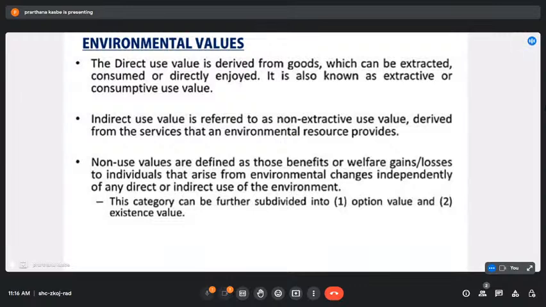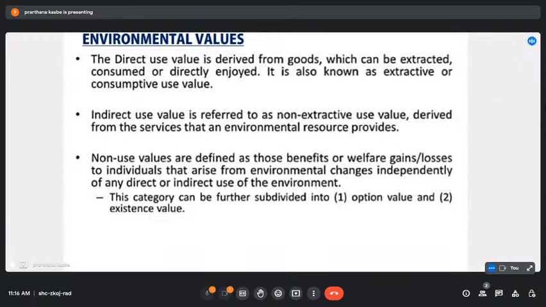So it is also known as the consumptive use value. Indirect use value refers to a non-extractive use value that derives from the services that an environmental resource provides. For example, the sun.